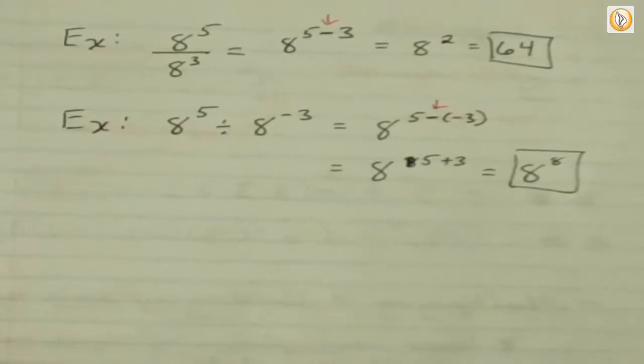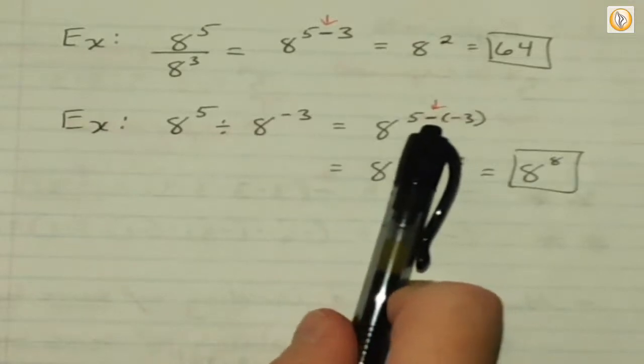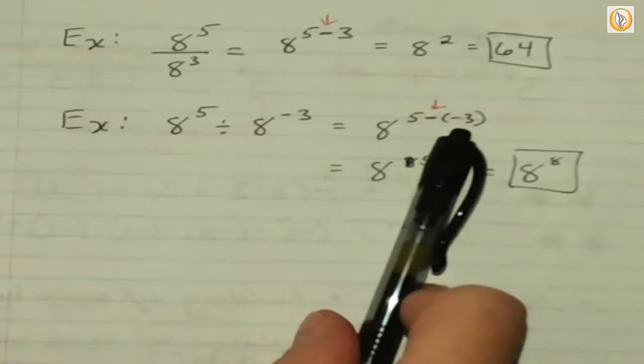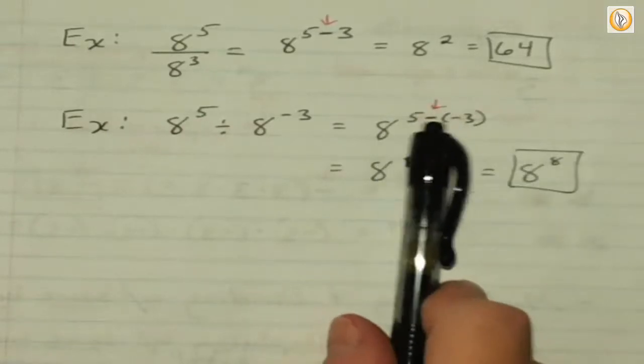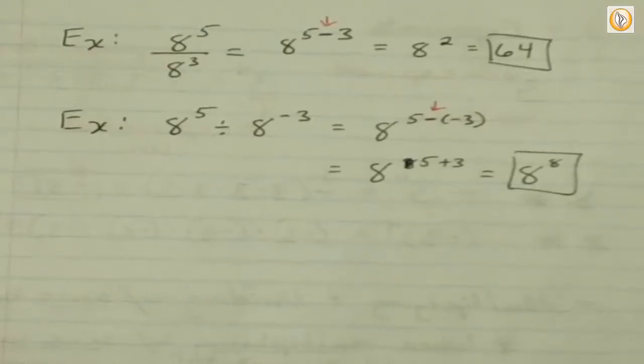So guys, common mistake: kids leave this negative sign off. They just want to do 5 minus 3. That minus sign had better always be there. So it's not bad. Do y'all understand?